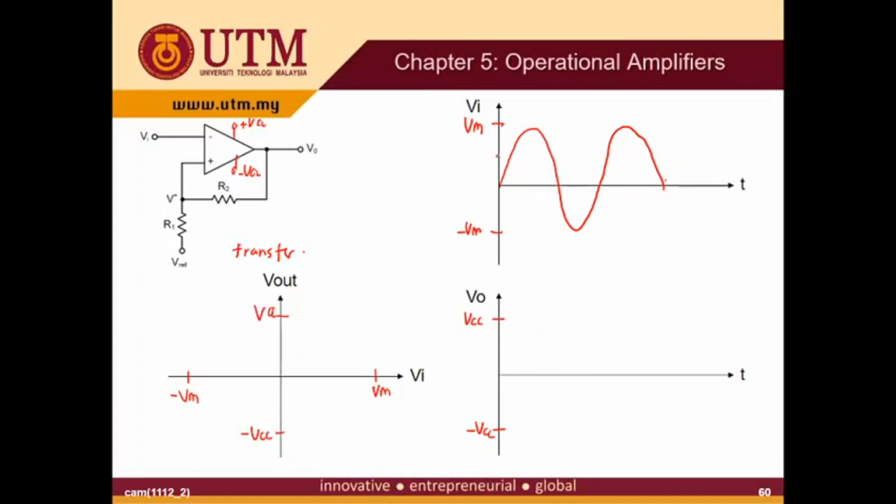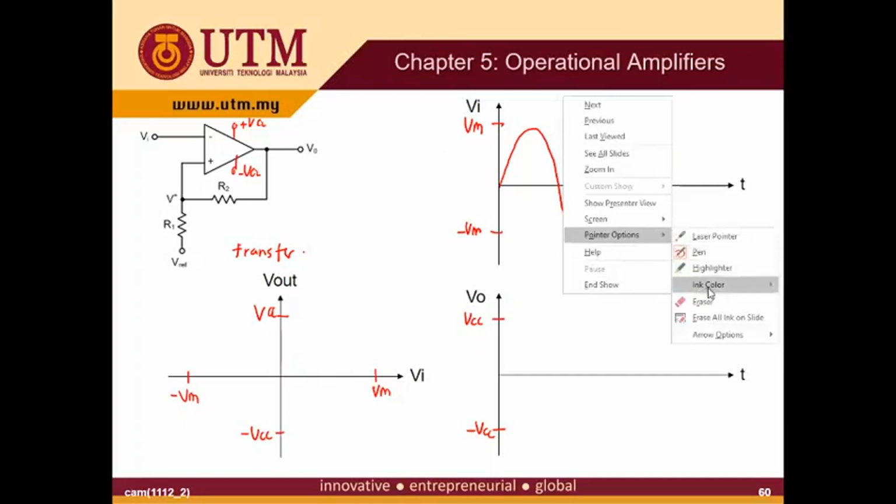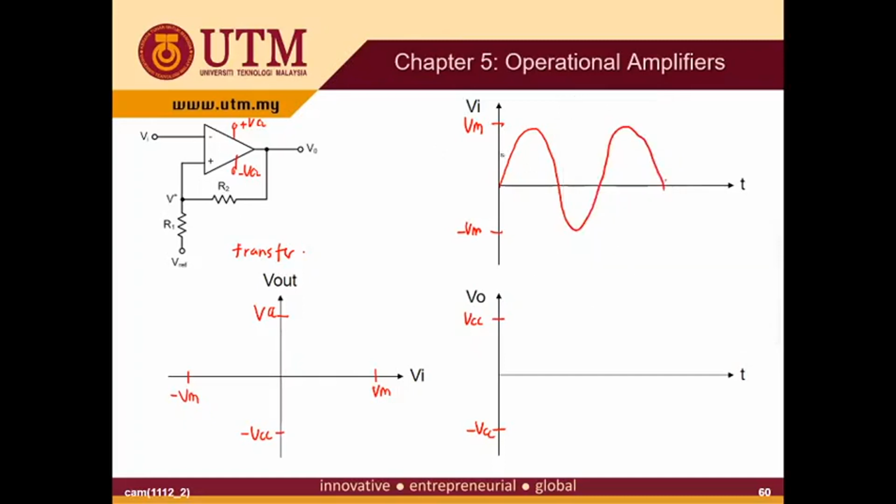So the next step is drawing the transition points. For Schmitt trigger, it has two transition points. The first transition point is VUTP. So now we assume that VUTP is half of the Vm, and VLTP is minus half of the Vm.